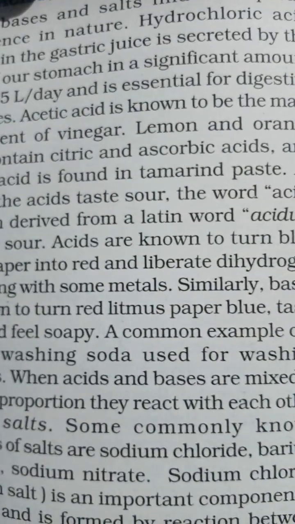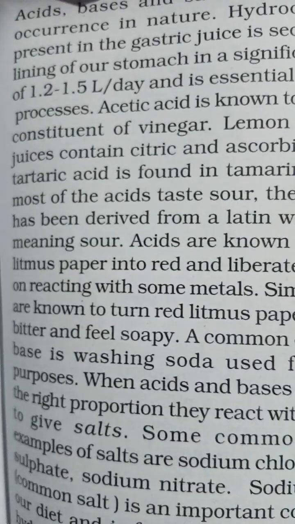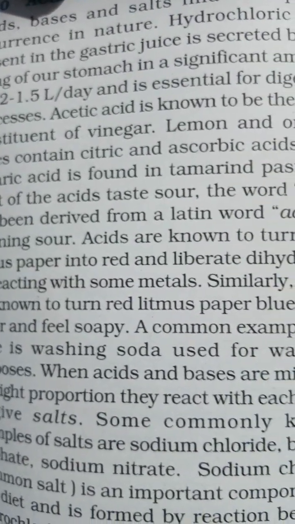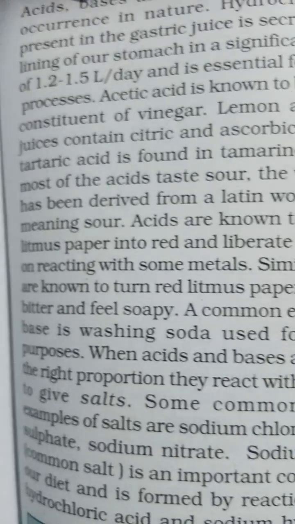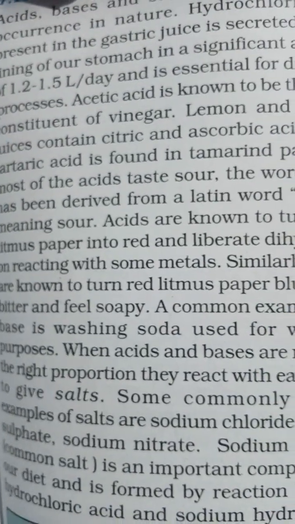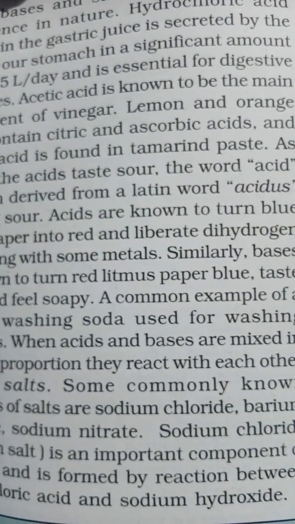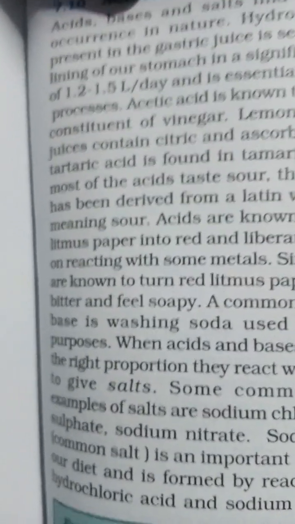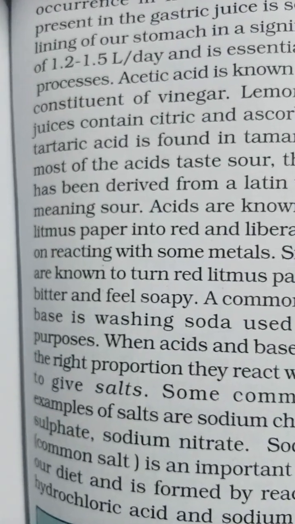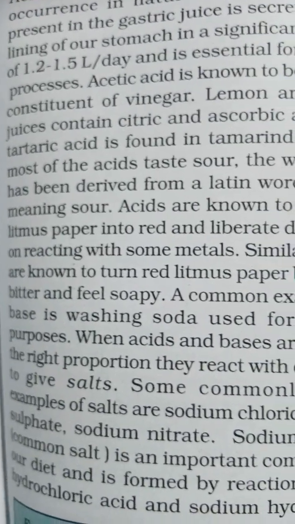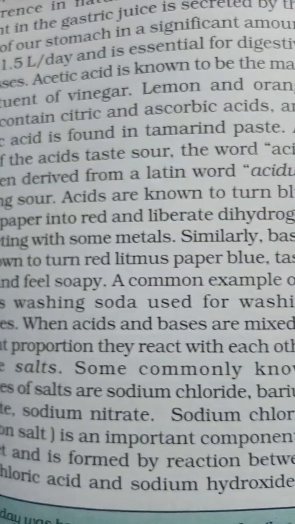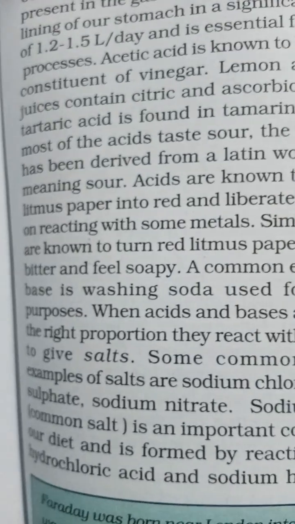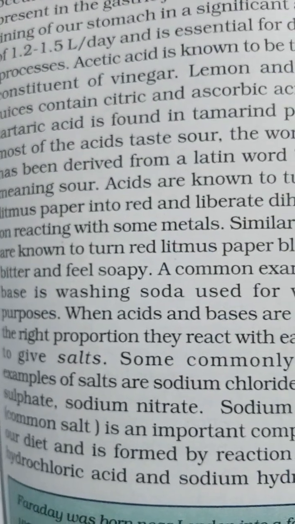Acetic acid is known to be the main constituent of vinegar. Lemon and orange juice contain citric and ascorbic acids, and tartaric acid is found in tamarind paste, as most of the acids taste sour.